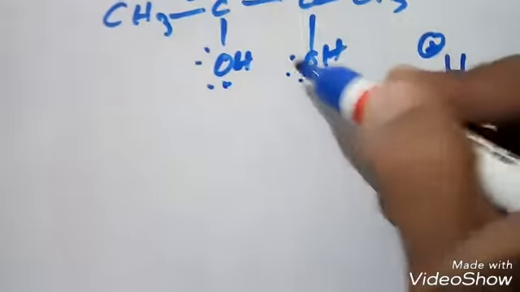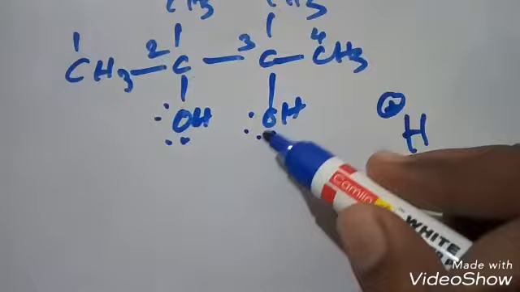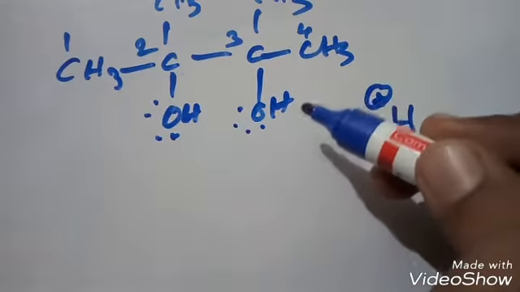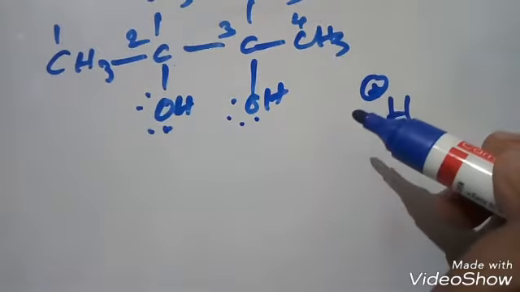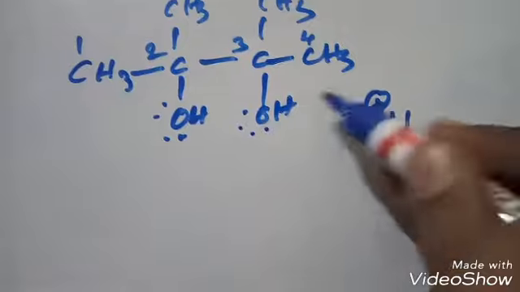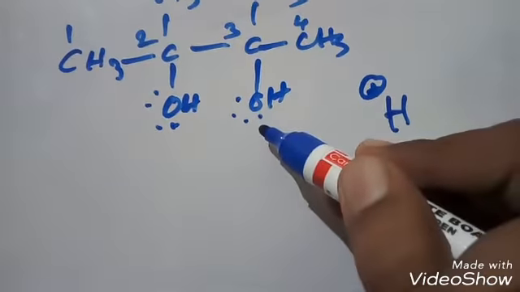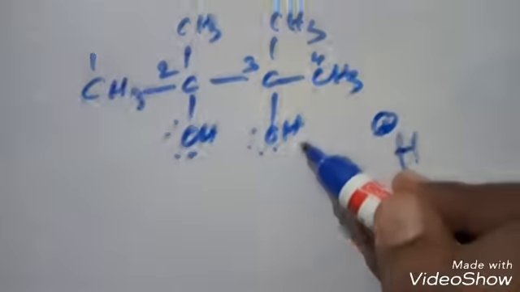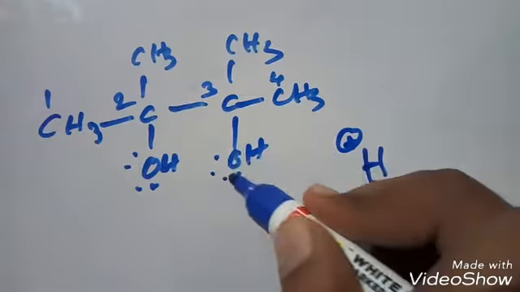Oxygen has two lone pairs of electron. Now the point is that oxygen having lone pair of electron can donate electron and form a bond with H plus. This H plus will bind to any of the hydroxyl groups. Which hydroxyl group this H plus will bind depends upon the availability of electron.